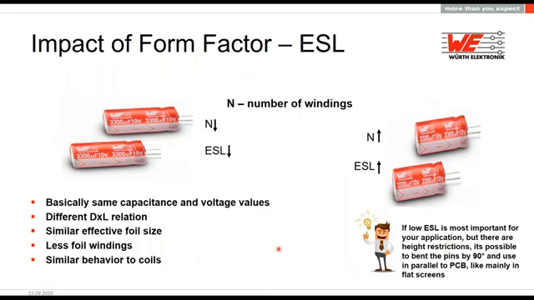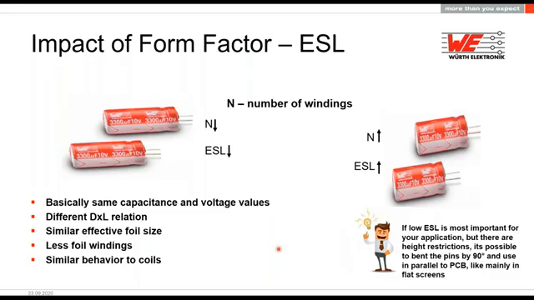Also, of course, because we have different sizes, there's an impact of the form factor, especially for the ESL. You can imagine when we make the parts longer, and also thinner, we have more activated surface area, so with fewer windings we get the same or more capacitance value.